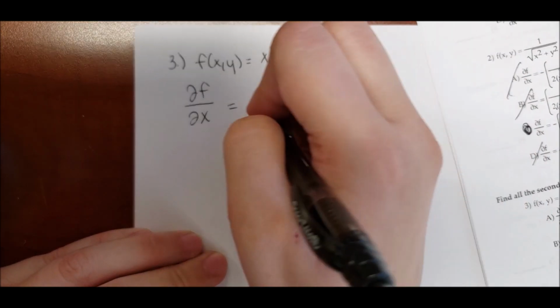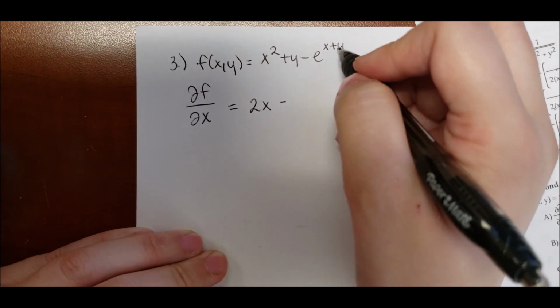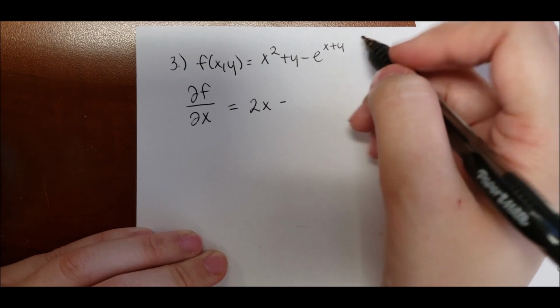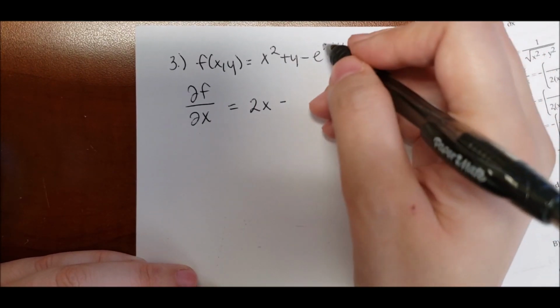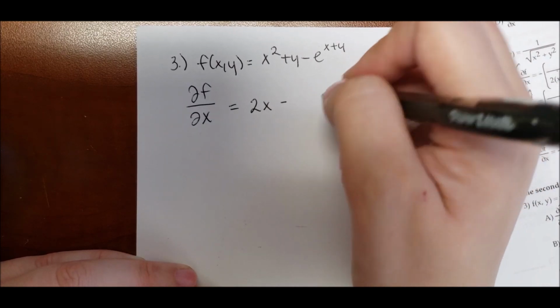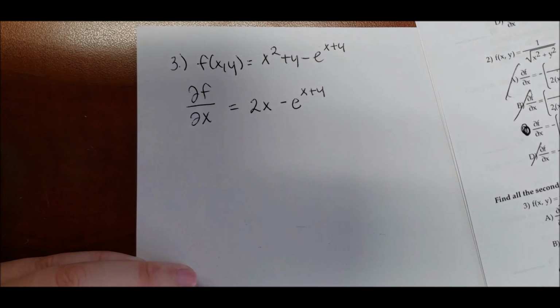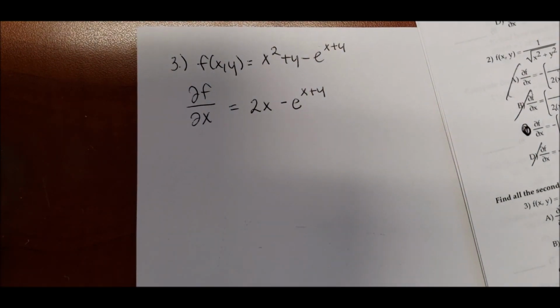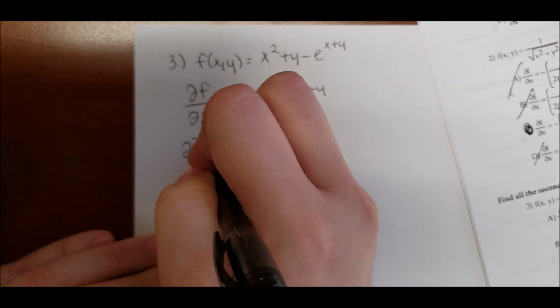So we're going to have 2x minus, the derivative of the exponent is the exponential times the derivative of the exponent. And so we can take the derivative again.